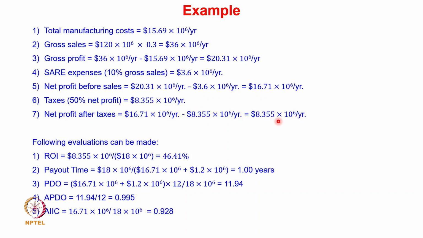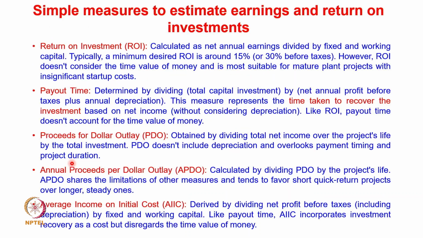Now based on these values, we wanted to calculate different metrics. So these are the different metrics, which are return on investment, payout time, PDO, APDO, AIIC, all these metrics which we have defined on the earlier slide, we are going to calculate here. So return on investment, you can see that we have defined as the net annual earning divided by the fixed and the working capital.